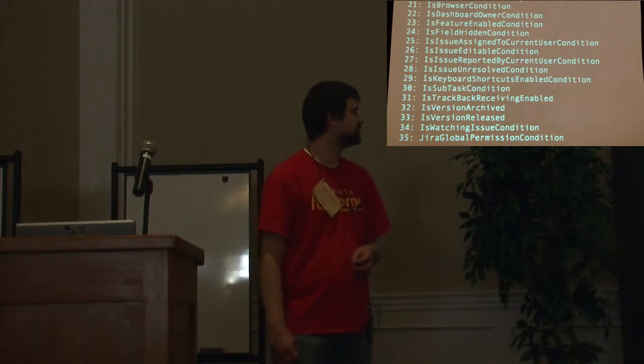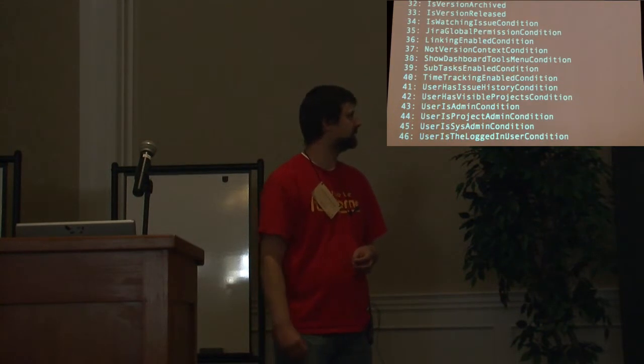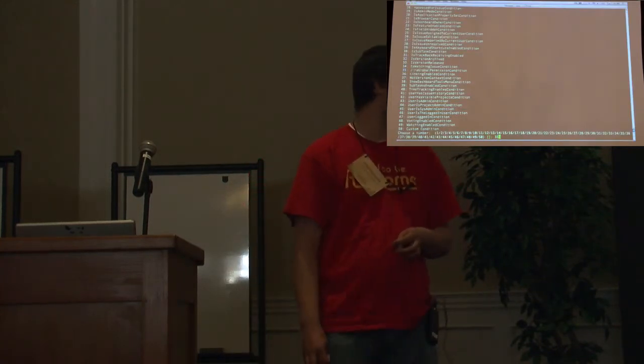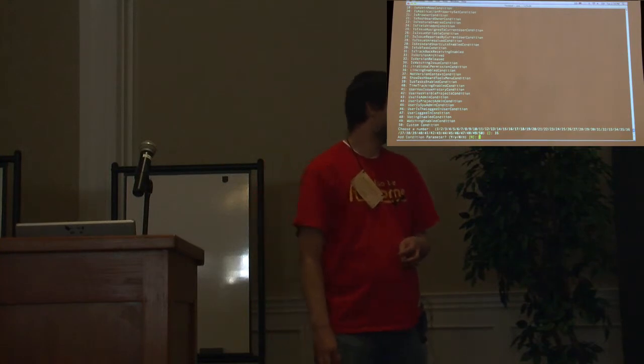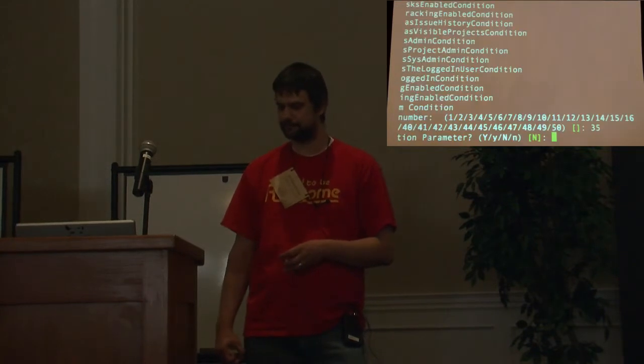So I went out and inspected Jira to find this list. In this case, I'm looking for the Jira global permission condition, which is number 35. So I'll go ahead and type in 35. And now it's asking me if I want to add a parameter. And this does need a parameter, so I'll say yes.